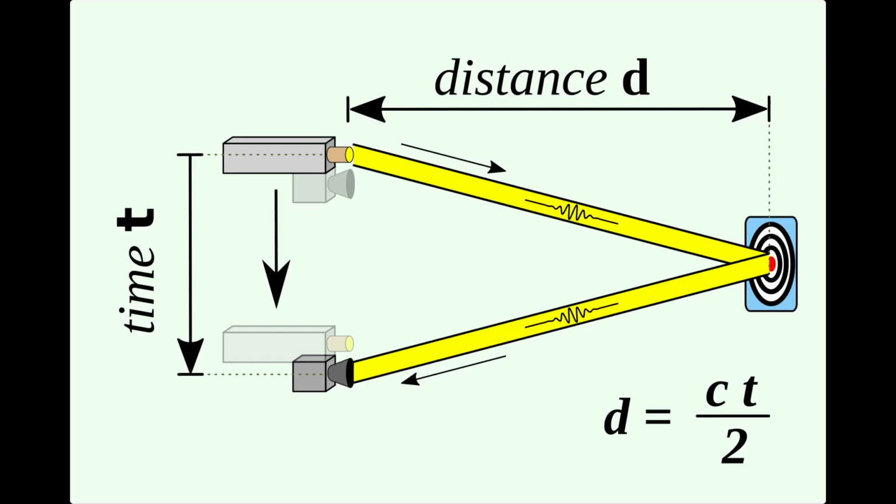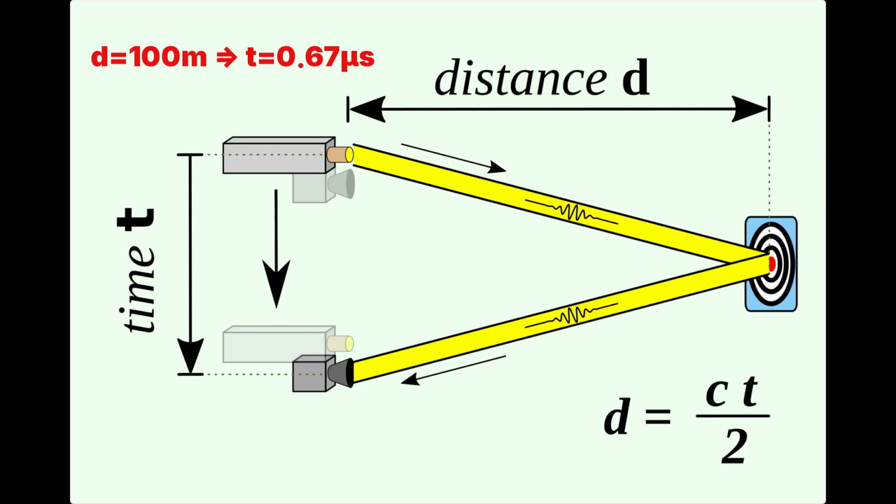Divided by 2 because we want to calculate the distance from the laser beam sender to the target, and the time reflects the time it took for the beam to go there and back. Therefore, we divide by 2.